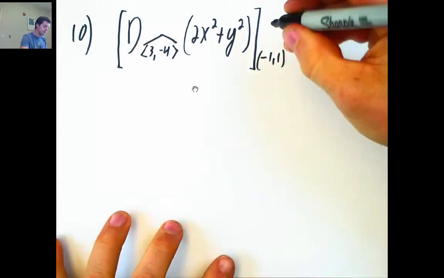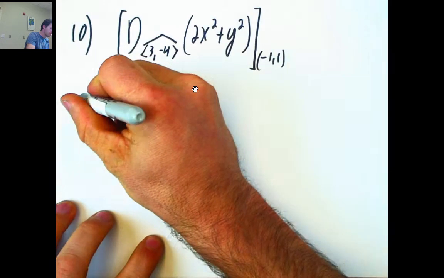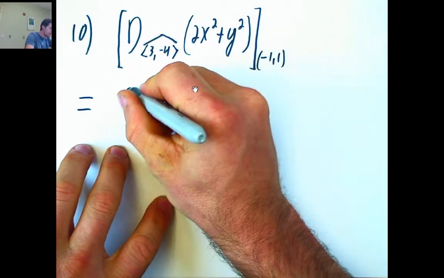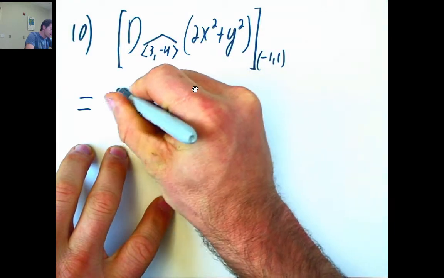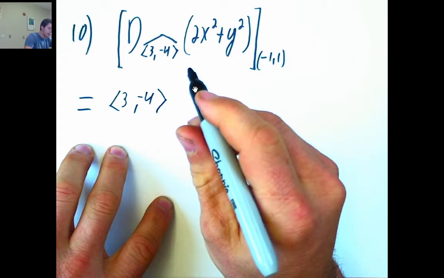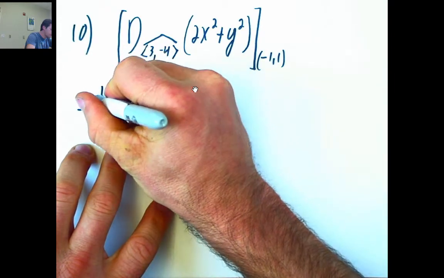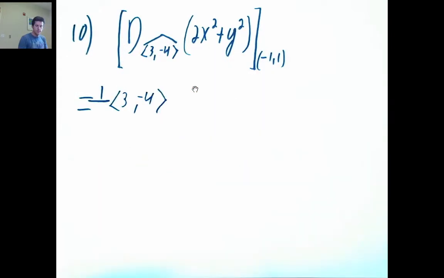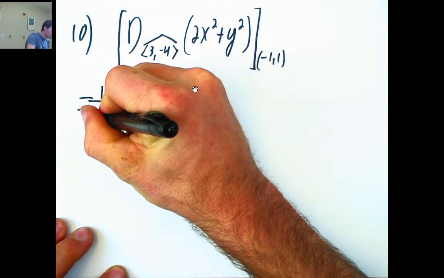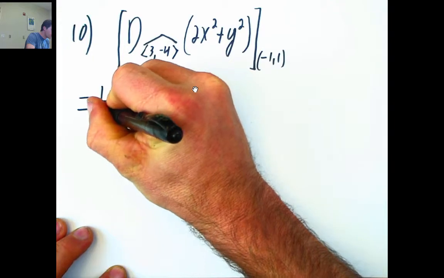Is equal to, well, I think I'm going to need a new line. That is the direction of 3, 4 dotted with something. So 3, negative 4. And to have the direction of, I better divide by the magnitude. So 1 over, I'm going to switch to a small pen so I can get better resolution. Square root of 3 squared plus 4 squared.